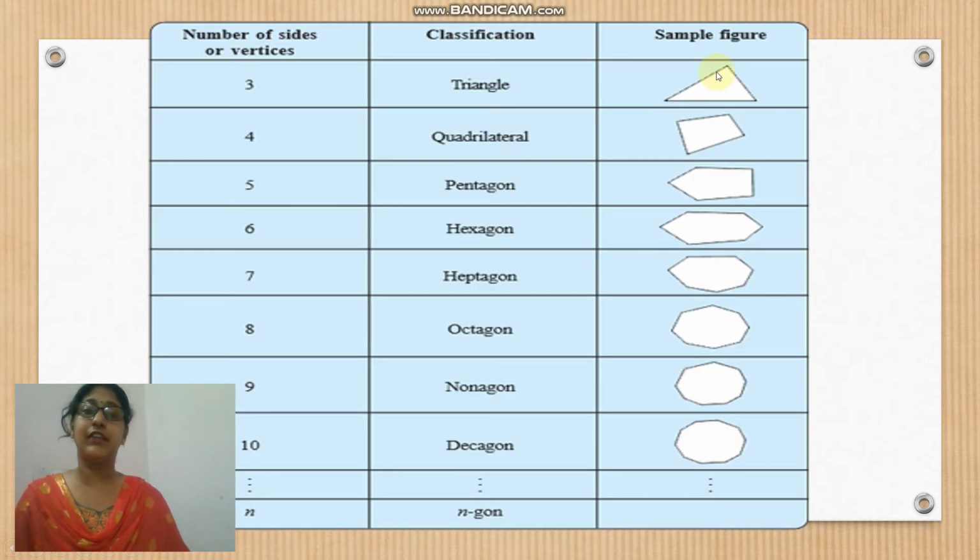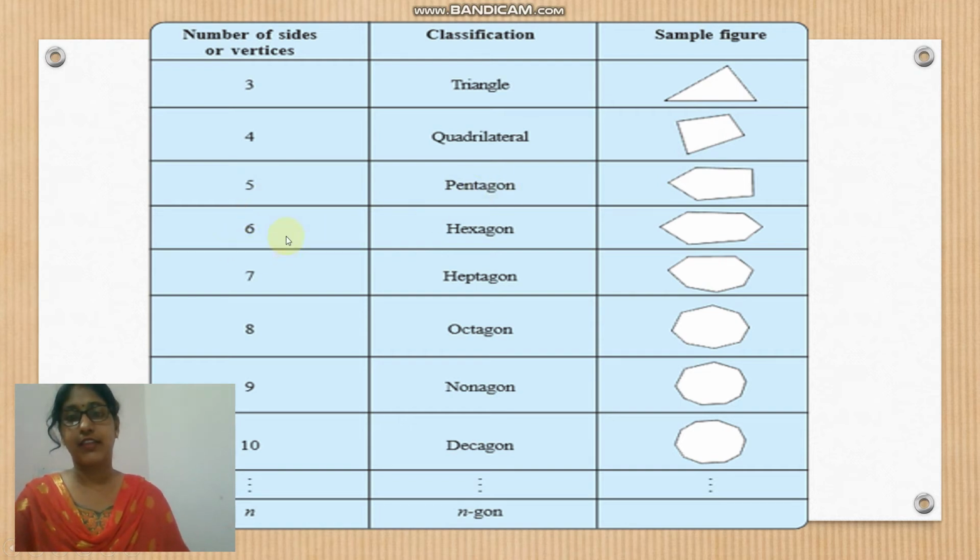But when we have three sides, we can make a triangle. So our smallest polygon is the triangle, with the number of sides or vertices being 3. With 4 sides or vertices, we can draw a quadrilateral. With 5 sides, a pentagon.